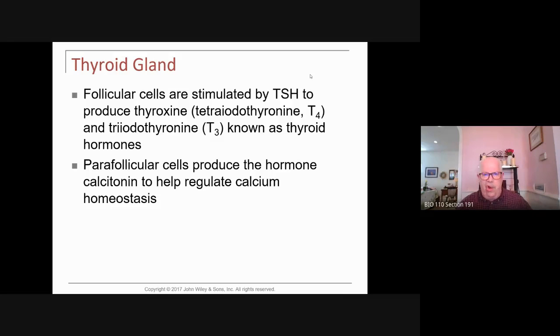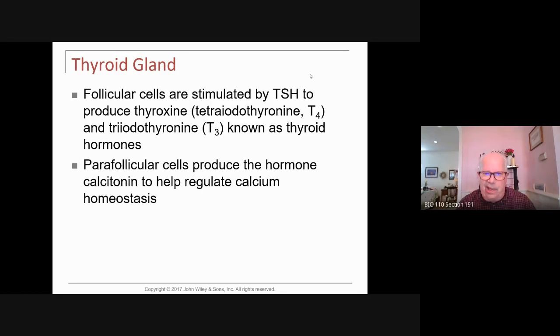They are 2 separate hormones from 2 separate cells. The follicular cells are under the control of the pituitary gland. The pituitary gland produces thyroid stimulating hormone, which makes the follicular cells of the thyroid gland produce 2 hormones, T3 and T4. Those are your thyroid hormones.